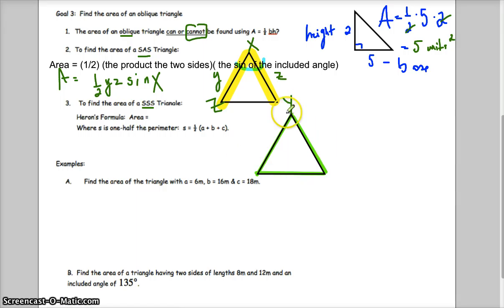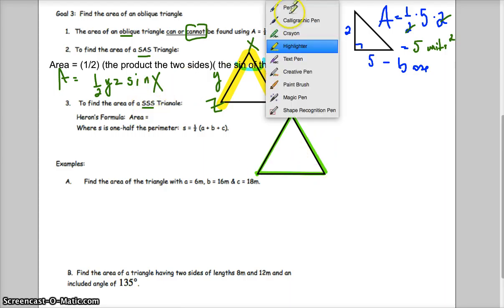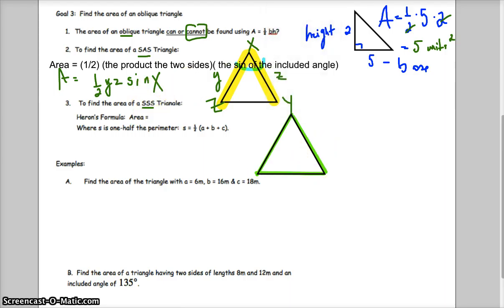And this is an example of a triangle where we can use this formula called Heron's formula. It's a formula that was derived by a mathematician, and it's important to remember that when you use this formula, you have to know all 3 sides of an oblique triangle.